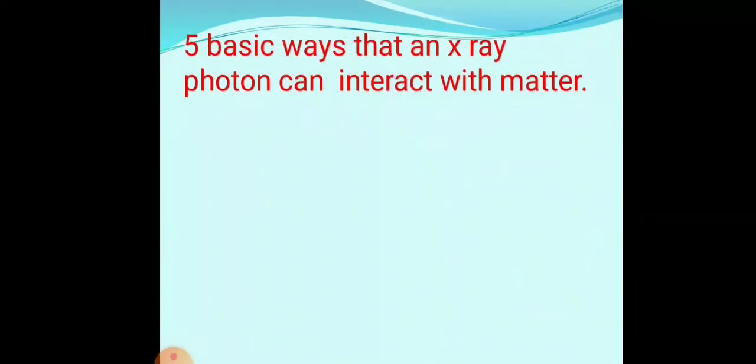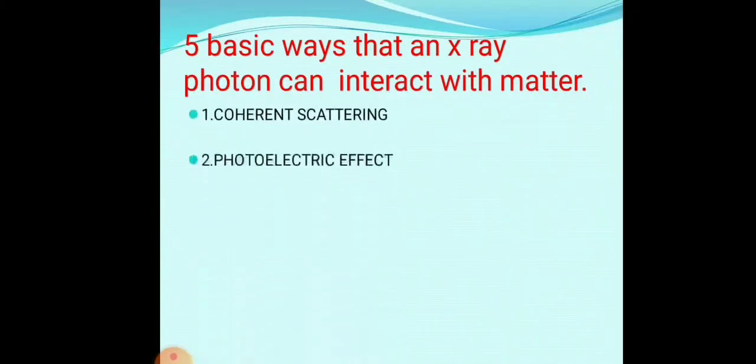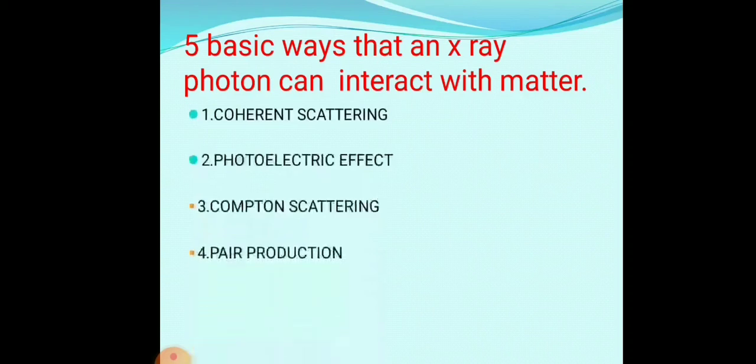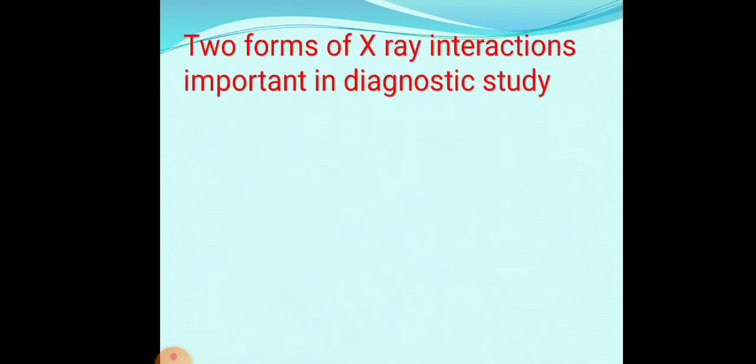There are five basic ways that X-ray photons can interact with matter. First is coherent scattering, second is the photoelectric effect, third is Compton scattering, fourth is pair production, and fifth is photodisintegration. Two forms of X-ray interaction are important in diagnostic study.